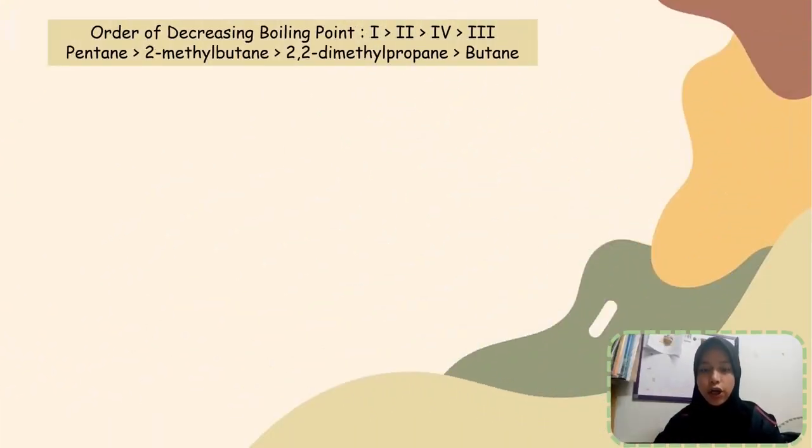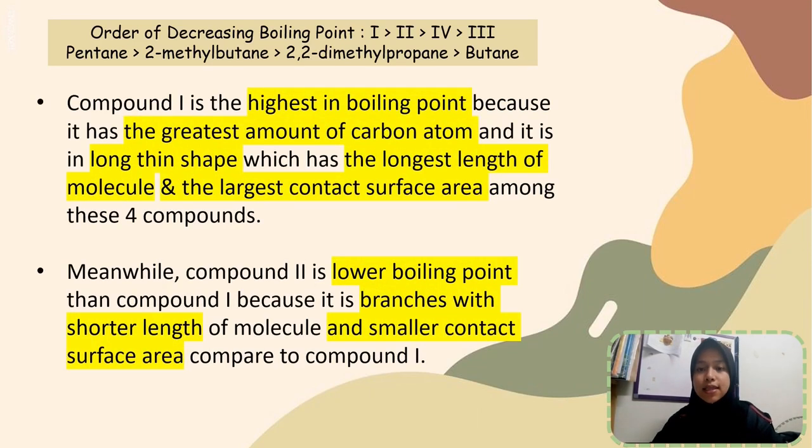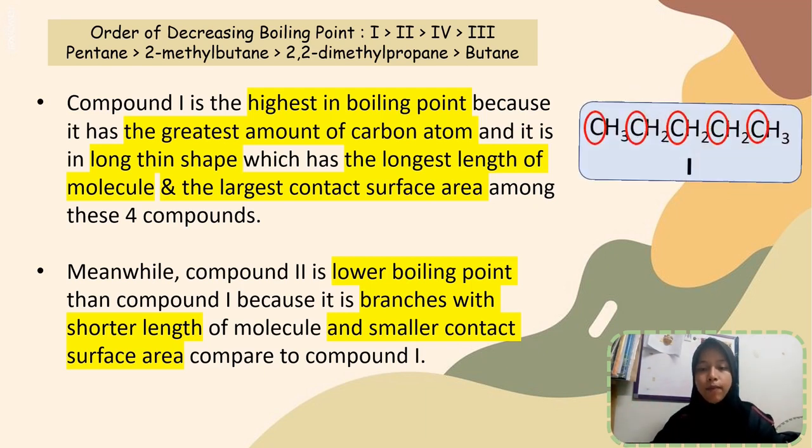Alright, so in the order of decreasing boiling point, it is compound number 1, compound number 2, compound number 4, and lastly compound number 3. Compound number 1, which is pentane, is the highest in boiling point because it has the greatest amount of carbon atoms, which is 5 carbons, and it is in a long thin shape, which has the longest length of molecule and the largest contact surface area among these 4 compounds.